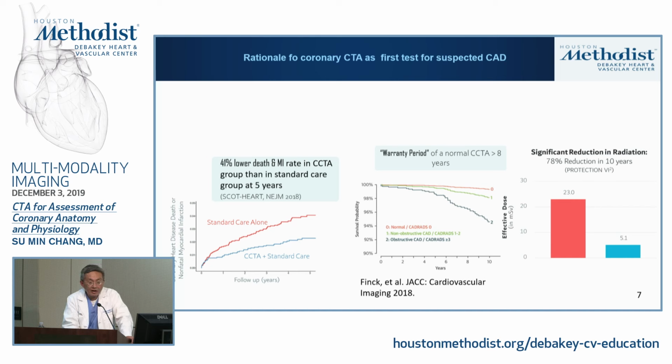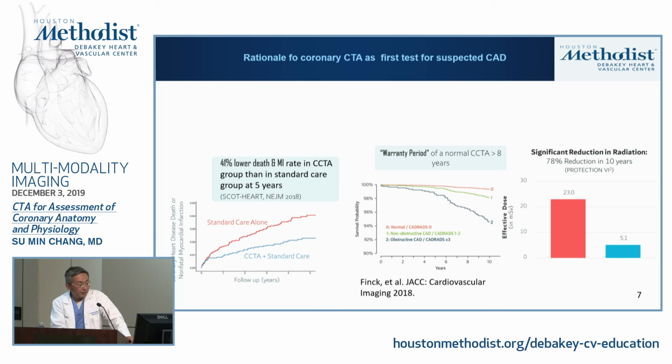It's small, subtle, but if you combine all the studies together in a meta-analysis, which is not the best, there definitely is a trend. But the bottom line is, there's no question CTA is as good as any other non-invasive functional testing as the first line of testing in terms of patient outcome, okay?